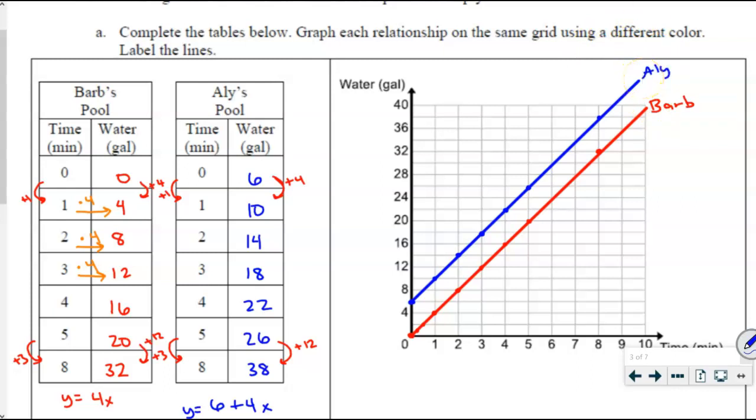And we can see that Allie's, even though it's a straight line, it does not go through the origin. And since it does not go through the origin, that means that Allie's is not proportional, and it does mean that Barb's is a straight line going through the origin. Barb's is proportional. We already confirmed that here with our tables. Now we're seeing it in a different relationship, confirming it with our graphs.